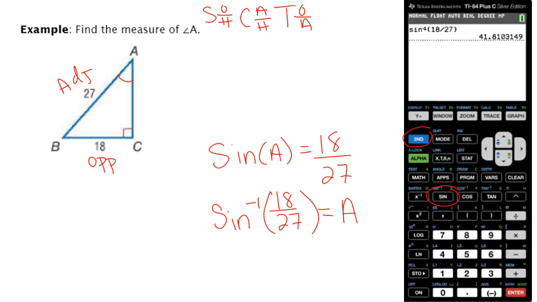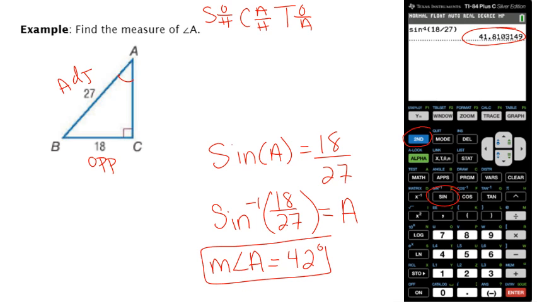That generates the inverse, and then 18 divided by 27, and then you would close the parenthesis. You can see our calculator gave us an answer of 41.81. If I round this to the nearest degree, the measure of angle A is about 42 degrees.